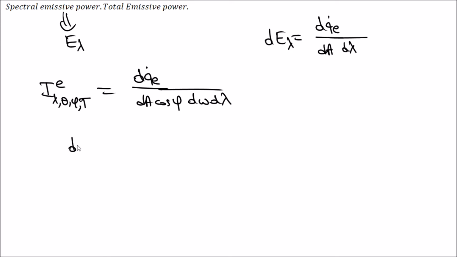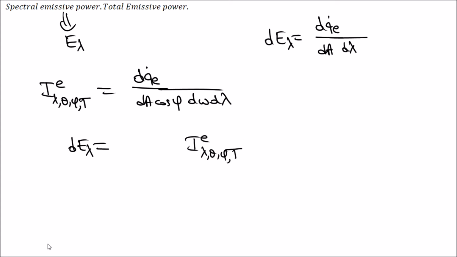So I can write this as dE lambda is equal to I emitted, which is a function of lambda, theta, phi and the temperature, times cosine phi d omega, and let's write d omega in general form.